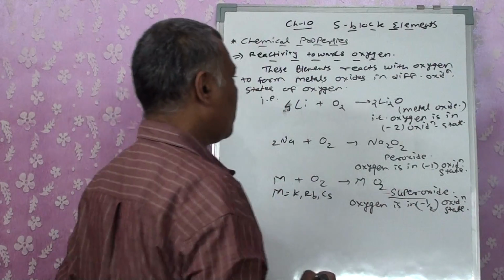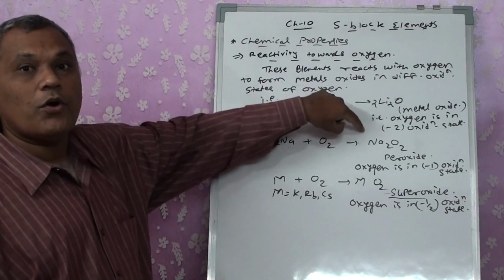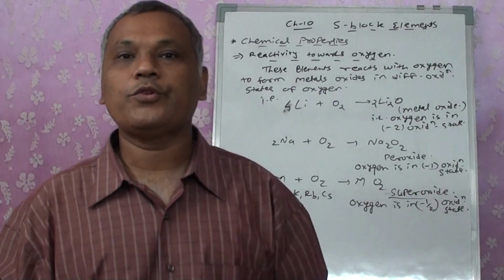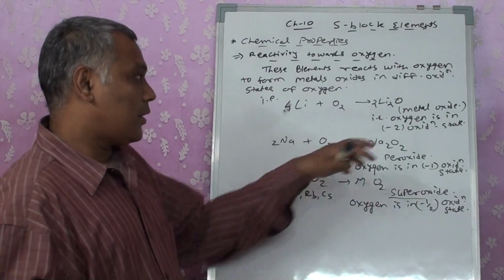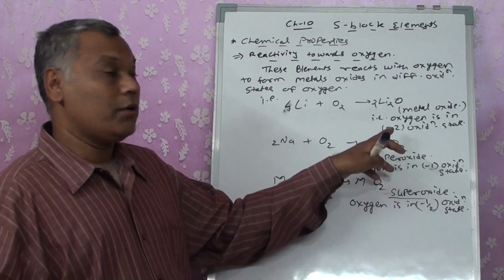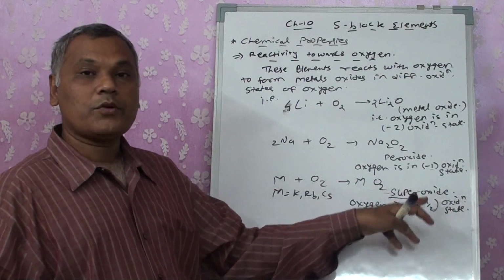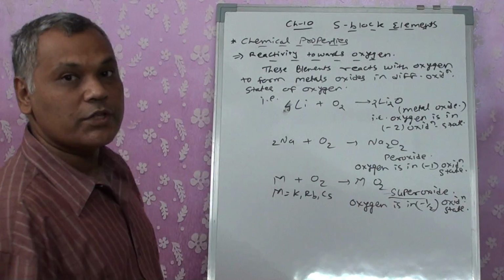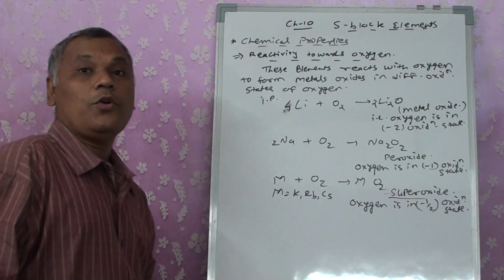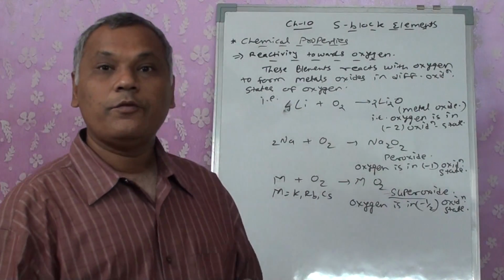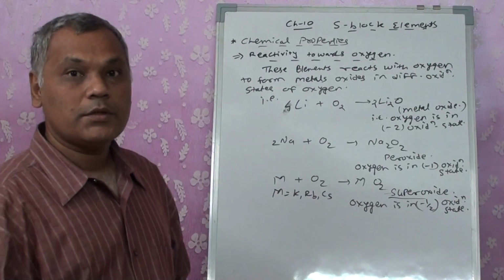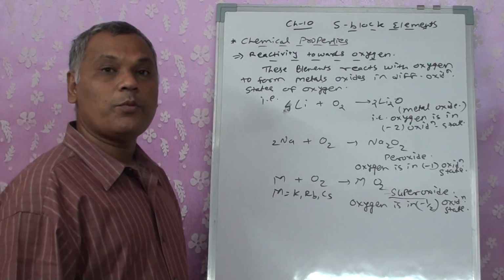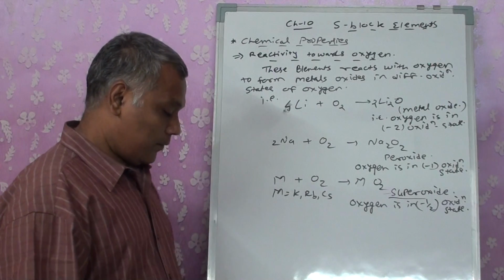So that shows that lithium produces oxide, sodium produces peroxide, and the rest of the elements, potassium, rubidium, cesium, produce superoxides. That means their oxidation states are different. For oxide, -2; peroxide, -1; and superoxides are in -1/2. Only alkali metals produce superoxides, right? Of the complete periodic table, only these three elements are capable of producing superoxides, right?